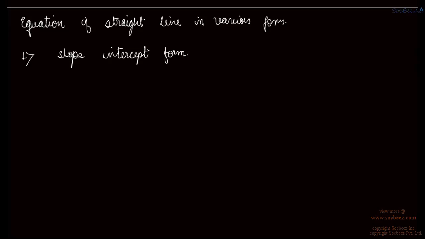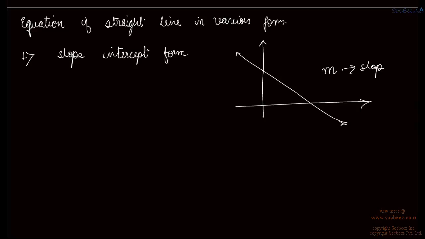Okay, so a straight line having a slope m, and intercept on the y-axis as c. That means this length is c, the point 0c. So the equation of a straight line can be written in the form y is equal to mx plus c.